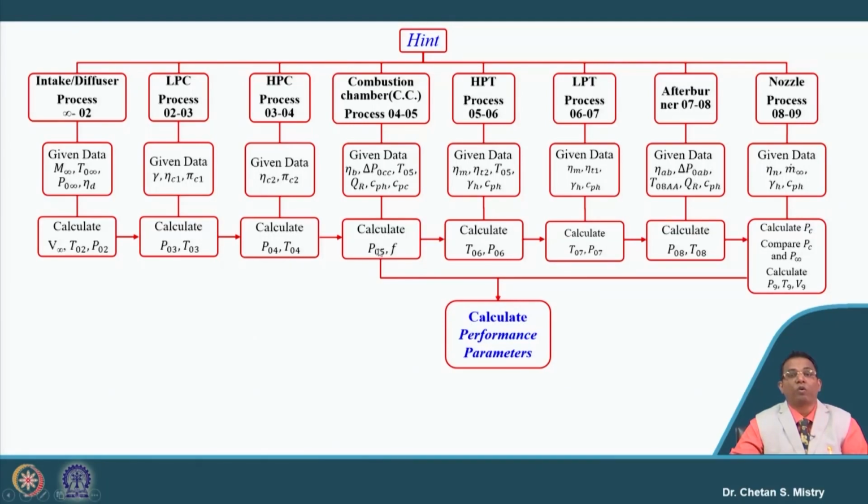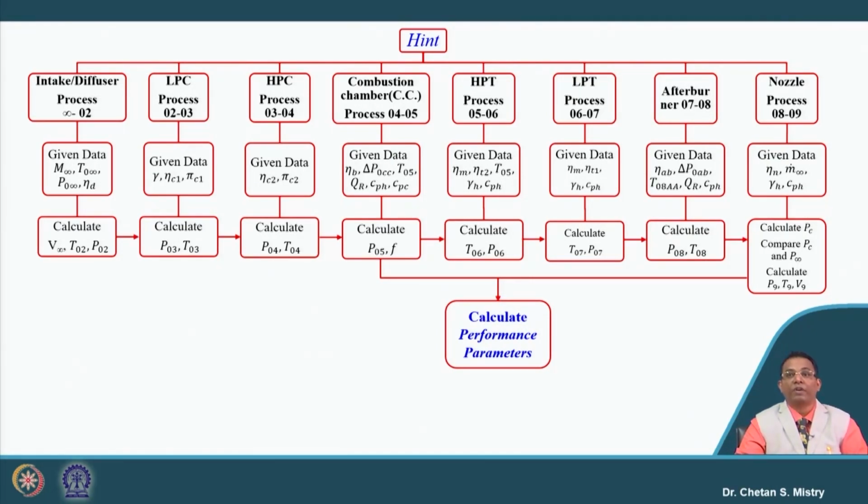We have done the calculation for turbine entry temperature with the pressure and fuel air ratio. We also have done the calculation for exit pressure and temperature for the LP turbine and HP turbine. Since we have an afterburner, we have done the calculation for the fuel air ratio for the afterburner, since the temperature is known to us.